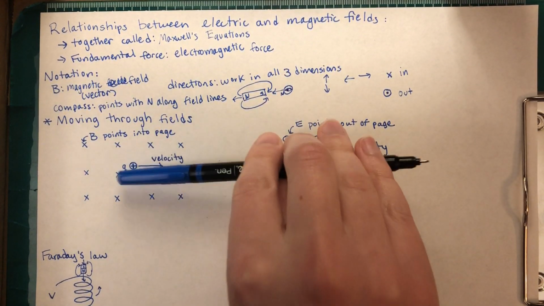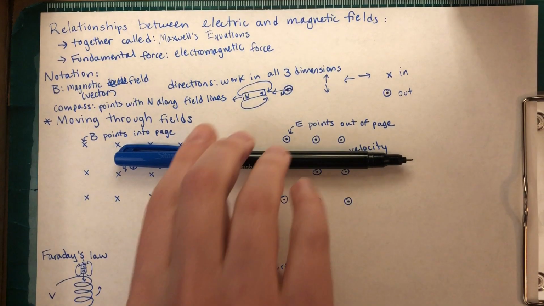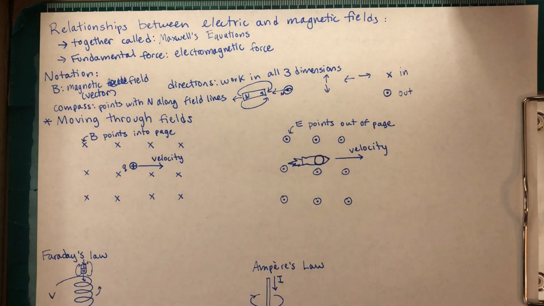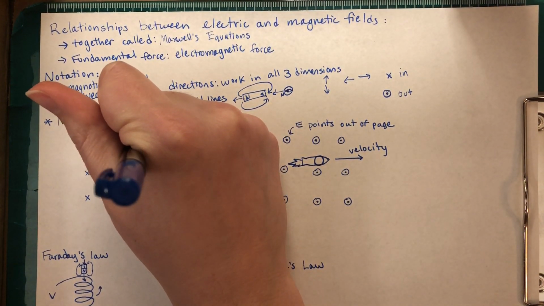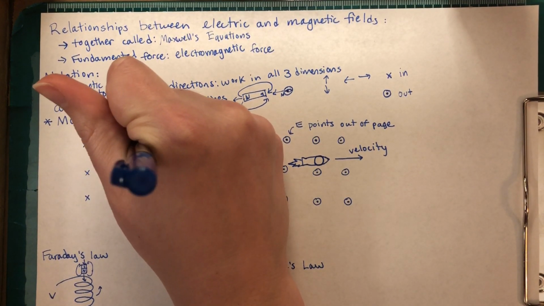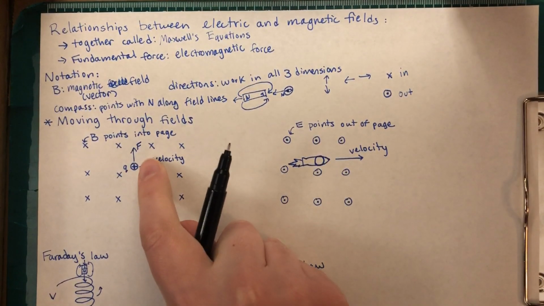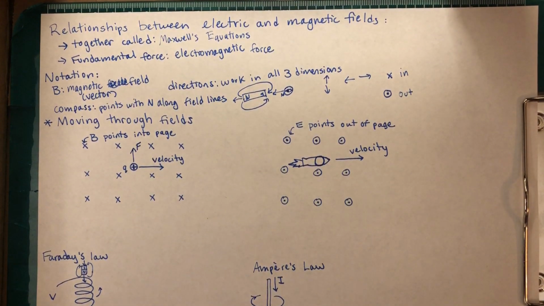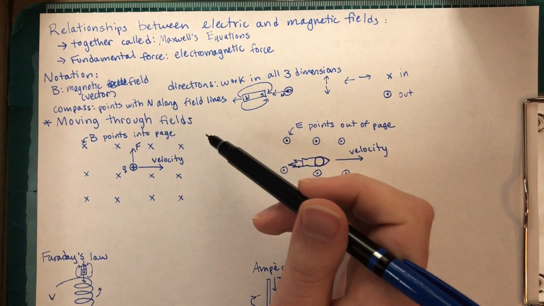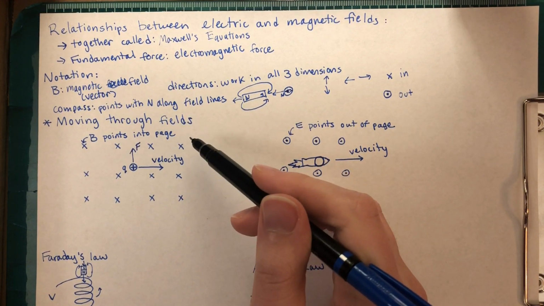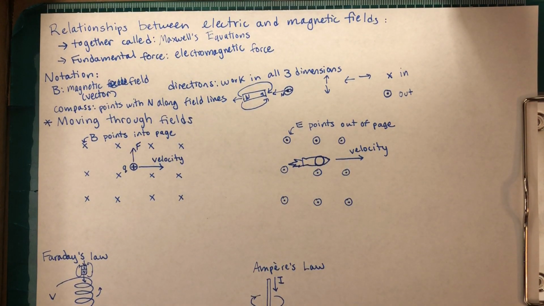So we have this direction accounted for, and we have this direction accounted for. And it turns out that the force on the charge will actually be in this direction, perpendicular to both the velocity and the magnetic field.